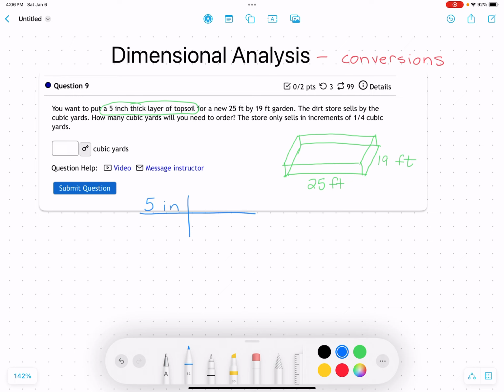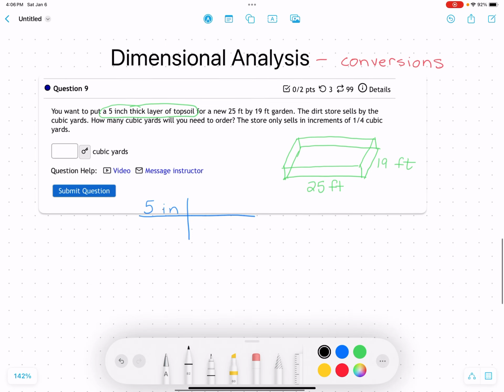When you use dimensional analysis, keep in mind that you're always trying to get things to cancel out. So up here, inches is in the top. I have to have inches in the bottom because I want my inches to cancel out. And I want to convert. These guys are in feet, so I want feet.